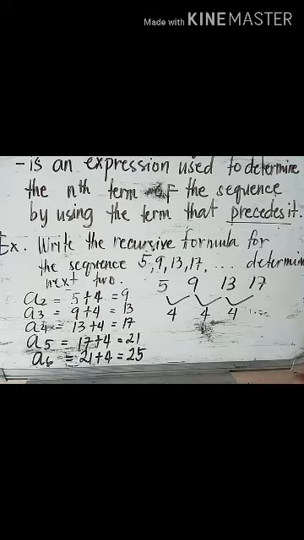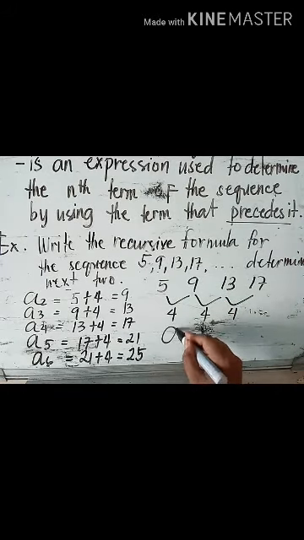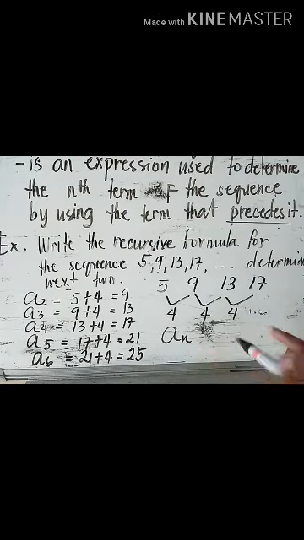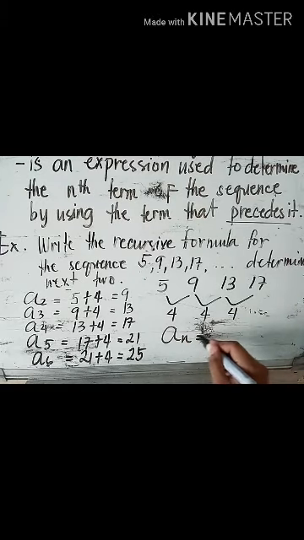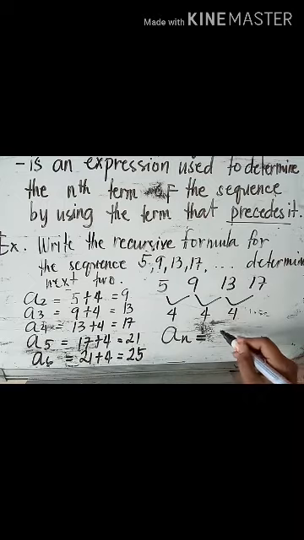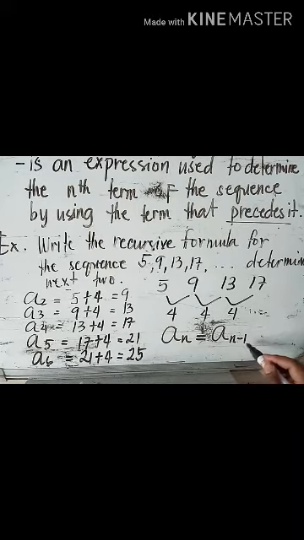Now, what is the formula? We can say that An, the representation of the nth term or the unknown term, is equal to A of n minus 1, the preceding term. Why do we write n minus 1?